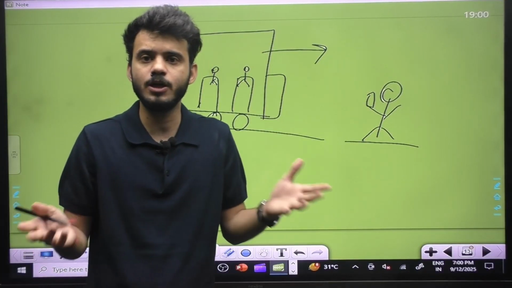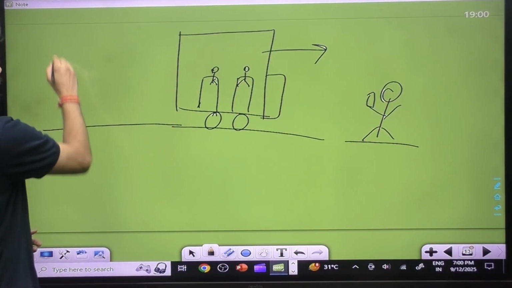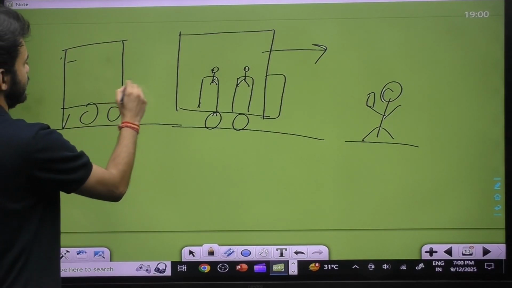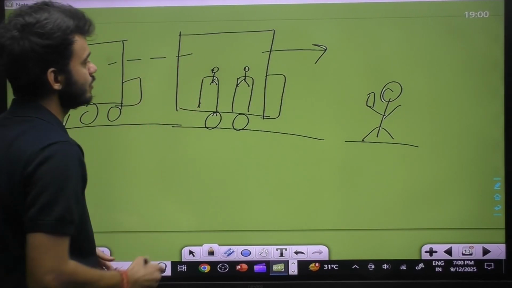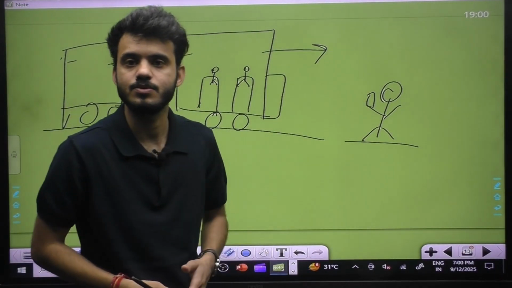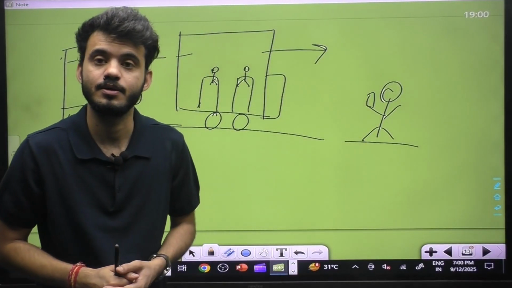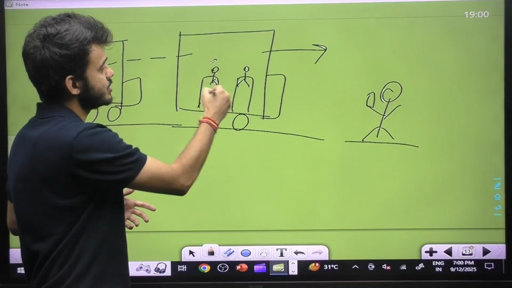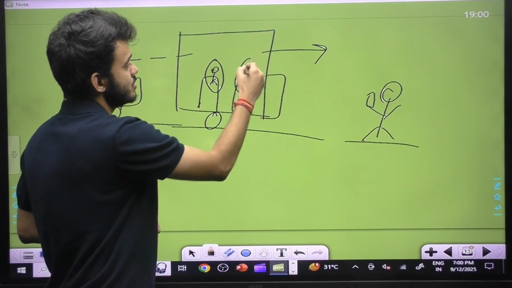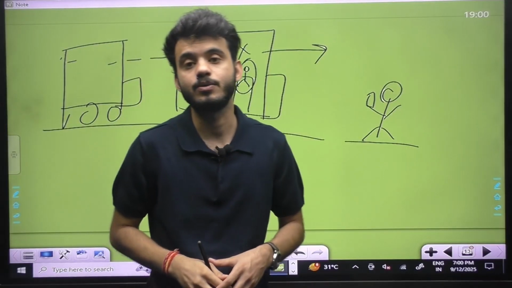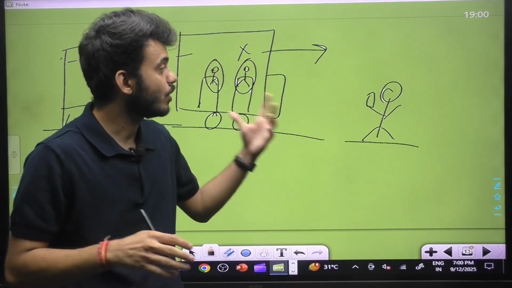At some time earlier, you were somewhere here. And after some time, you clearly covered some distance. So you were in motion, you are still in motion. But with respect to this passenger, you were not moving. So this is what we try to understand as what relative motion is.